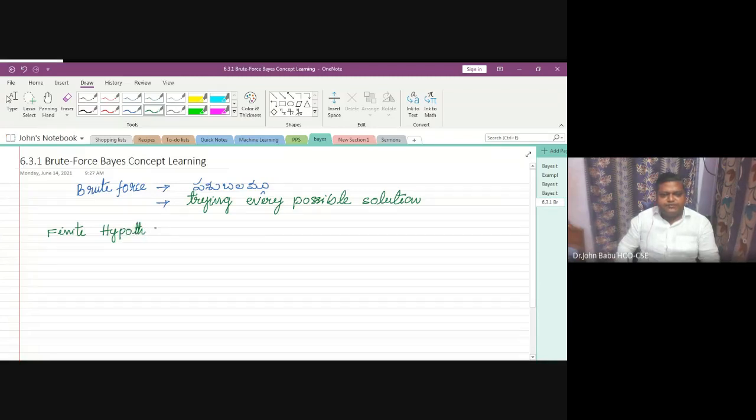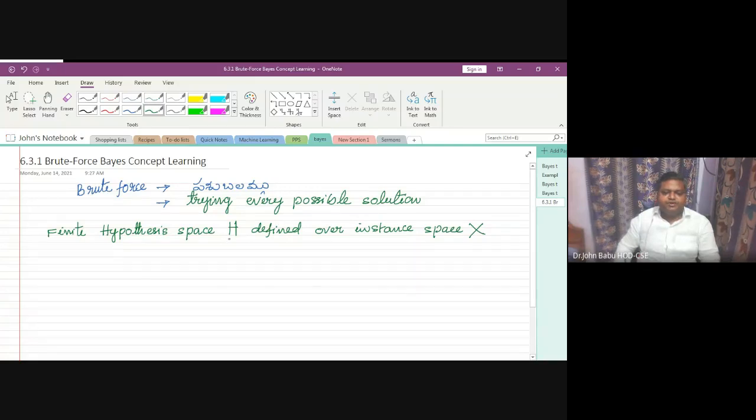There is a finite hypothesis space, that is all hypotheses H, capital H, and which is defined over instance space capital X.